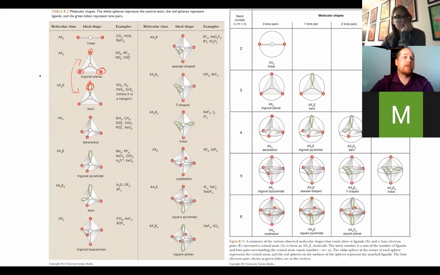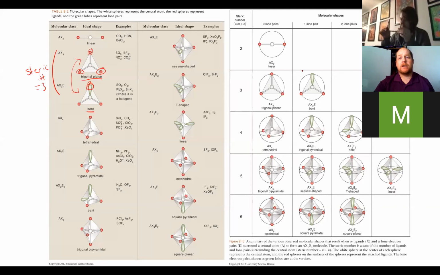Those are both steric number 3. Even though those both have steric number 3, one of them is going to be trigonal planar and the other one is going to be bent. And so we're going to be able to take into account when we have atoms versus when we have atoms and lone pairs.